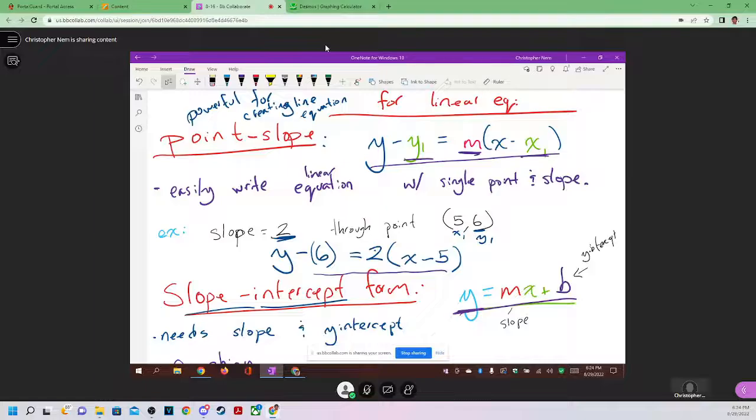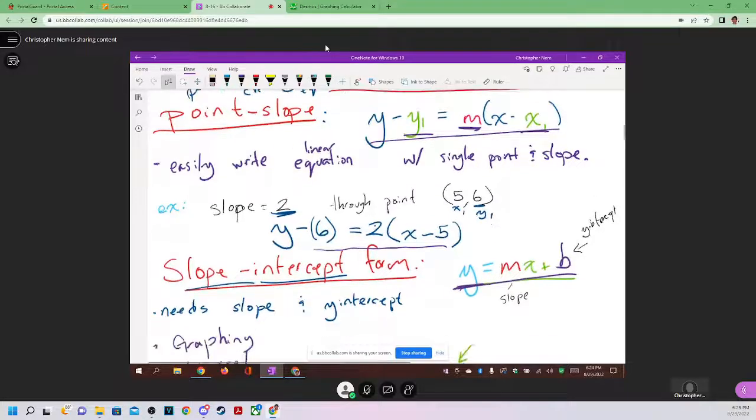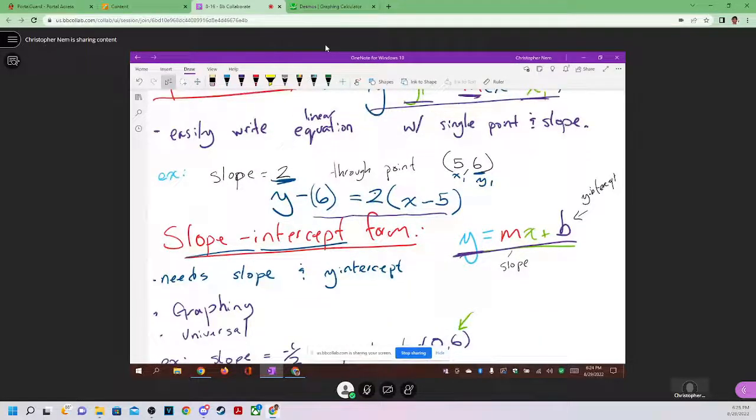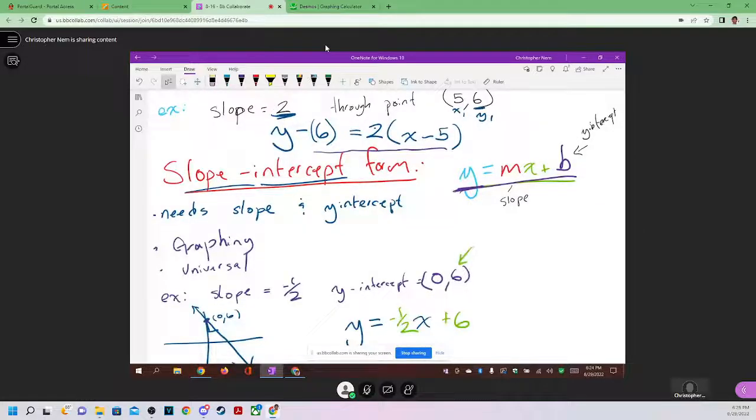Now, the problem about these two, you still have to figure out what your slope is at the end of the day. You have to calculate your slope before you figure out what the equation of the line is. So calculate your slope. Then I'd recommend using point slope. You can use slope-intercept form if you have a y-intercept. Afterwards, you have to put your equation in slope-intercept form. All of your answers and everything will be required to be placed in slope-intercept form.